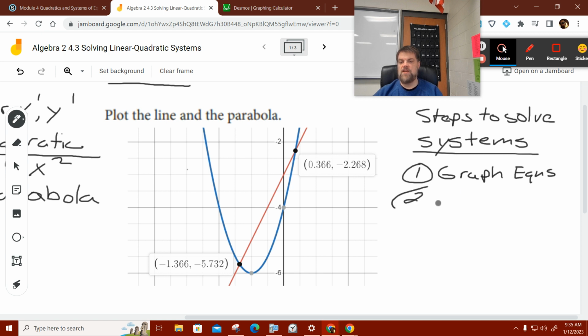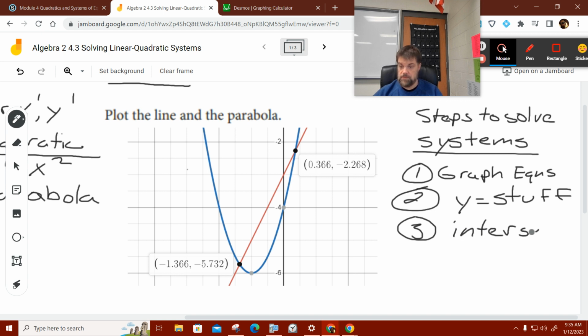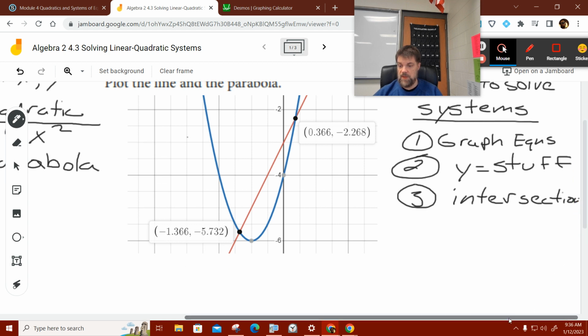The next thing we're going to do is make both equations look like y equals some stuff. Okay? And then 3, we're going to find the intersection. Now, that word is intersection. I ran out of space.